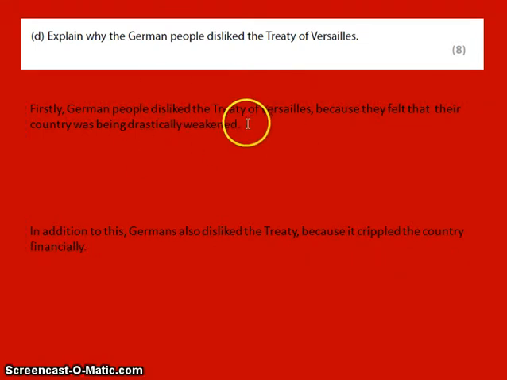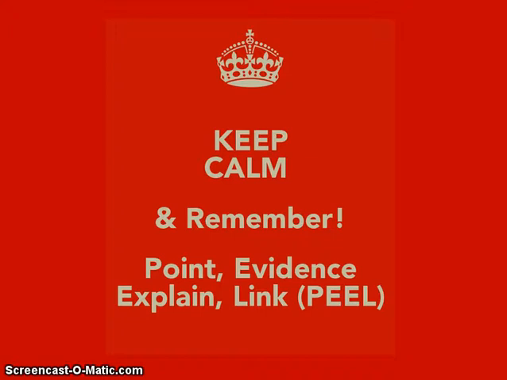Okay, so we're now going to add our evidence. I'm just going to show you this because this is really important for this explain question. You need to make 2 points, you need to provide some evidence, you then need to explain what was happening, and then if possible try and show a link to get those 8 marks.